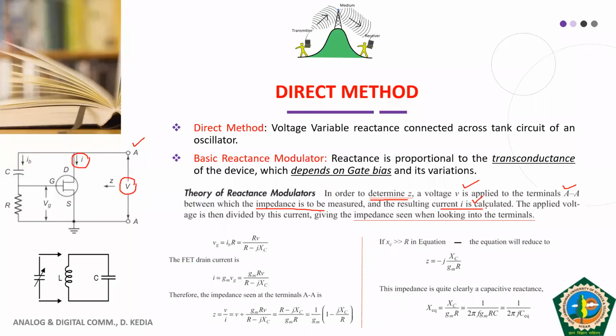If you divide voltage by current, you get impedance. So impedance Z is nothing but V by I. This V is the applied voltage and I is the resulting current.